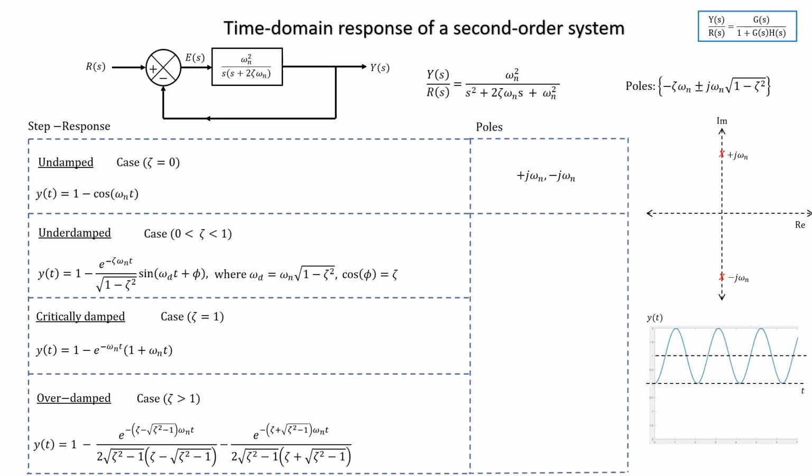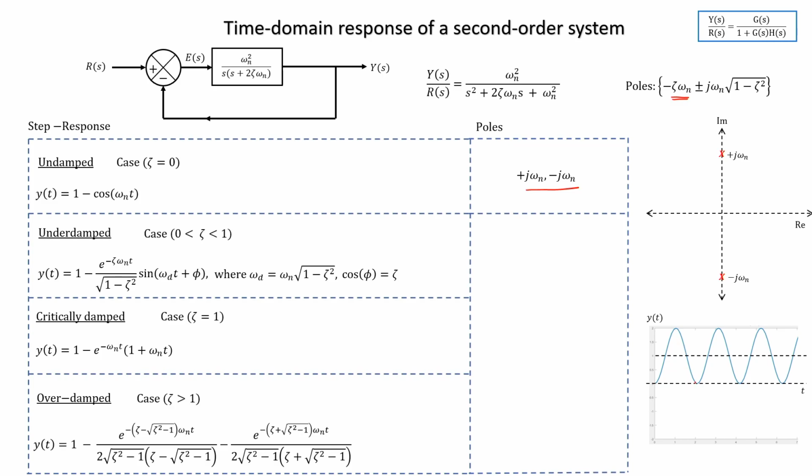Let us start with the case of zeta equal to 0. Now, if zeta is equal to 0, notice the real part becomes 0 and the square root becomes root over 1, which means the poles are at plus minus j omega n. If you draw it in the complex plane, as can be seen here, it will be on the imaginary axis.